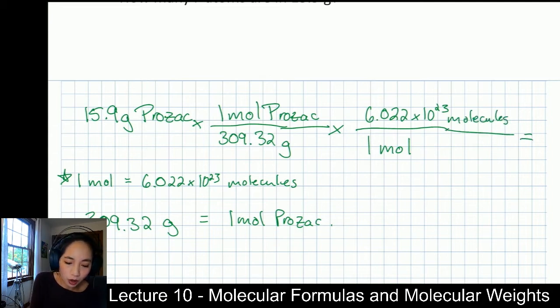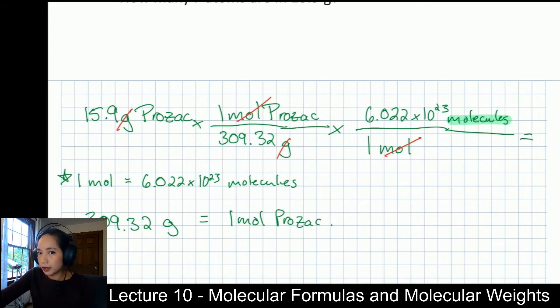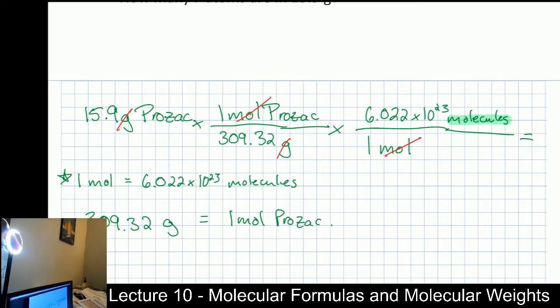And so I'll show you how all those units cancel, grams cancel, moles cancel, and I'm just left with molecules. So I'll show you now how to do that on the other calculator that I have here. Okay, go, move the camera.